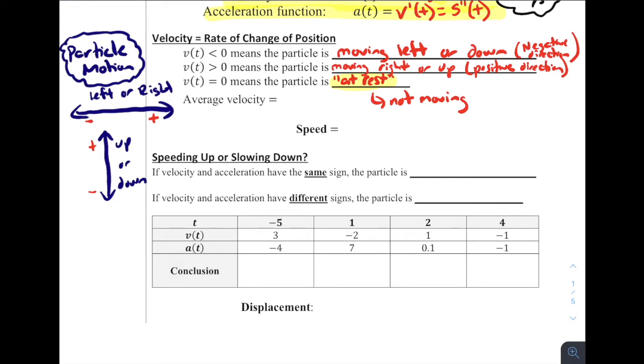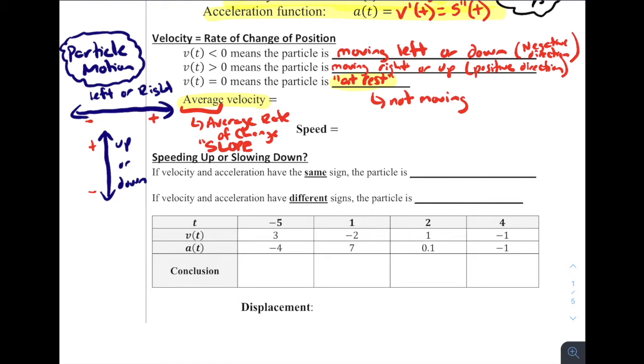Now the average velocity, you actually already know this, just in a different context. The word average should make you think of average rate of change. From way back at the beginning of chapter 1 and the beginning of chapter 2, we know the average rate of change is simply the slope.